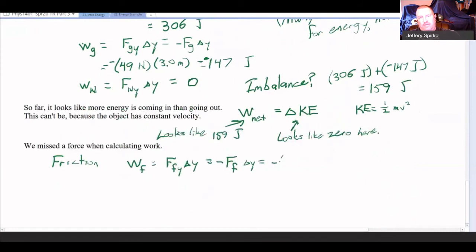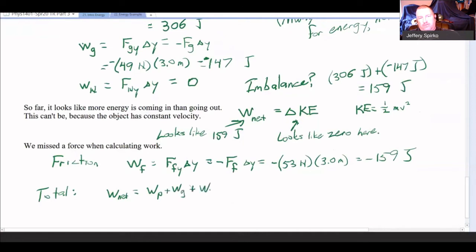So minus 53 newtons times 3 meters. Total now, net work is work pushing plus work due to gravity plus work due to normal force.